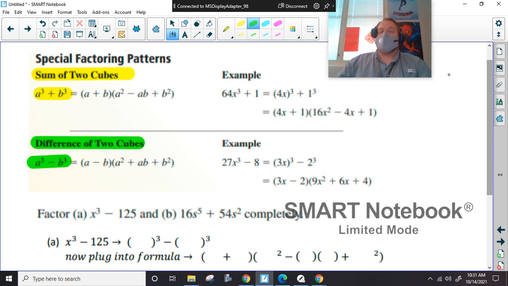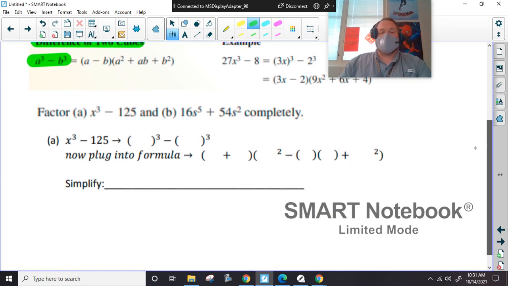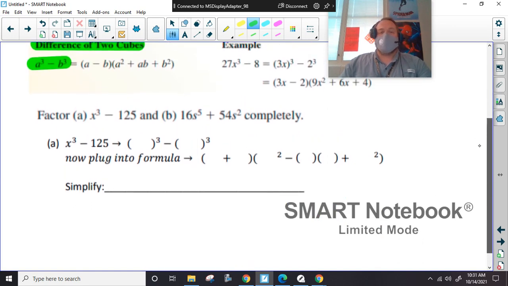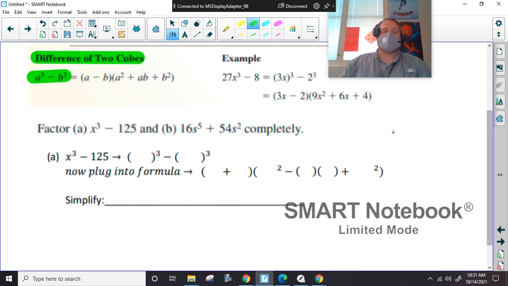So now let's look at this one right here. We've done A. I forgot to do B, but we'll fix that. This has our example right here that we're doing. We kind of have to write this as what would be it cubed.